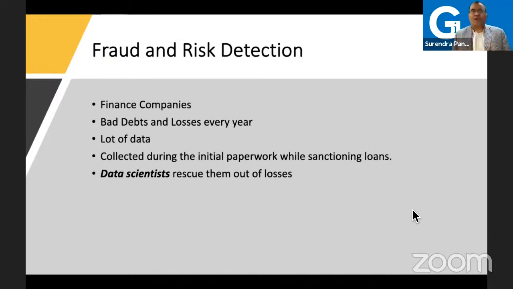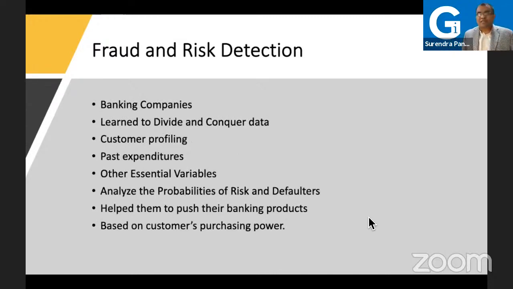So if they want to find out, or you want to avoid those bad debts and losses, this is a field where I know data scientists can definitely help to avoid the losses. It's all because of the data science field, where you can find out if any consumer is doing any kind of fraud. Because you have consumer data, you can find out how the consumer is buying or selling the product.